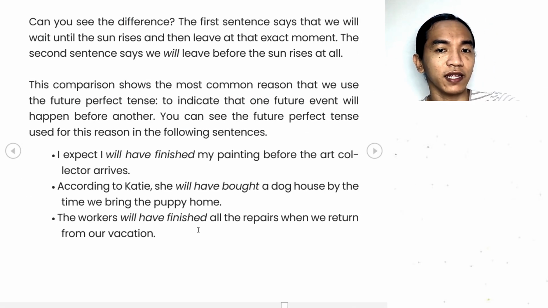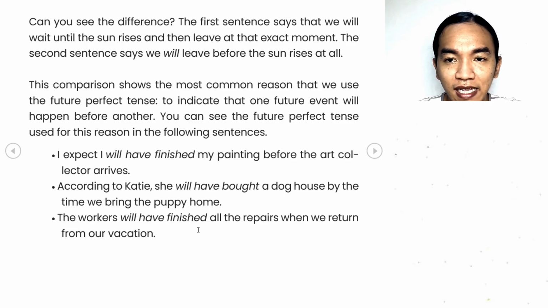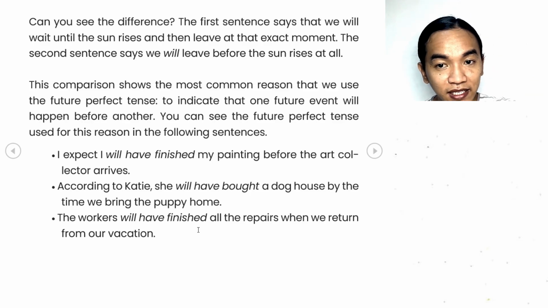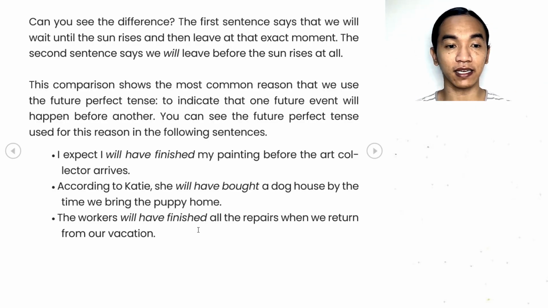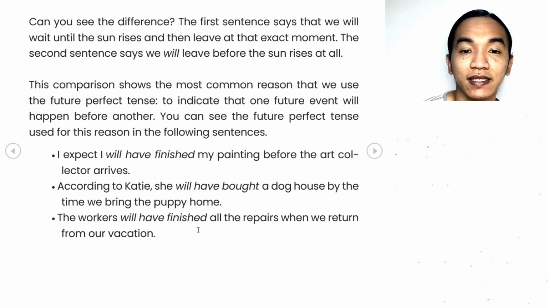So the difference: the first sentence says that we will wait until the sun rises and then leave at the exact moment. So there's the same time happening. The second sentence says we will leave before the sun rises at all. So you are emphasizing that one action will be completed before the second one.